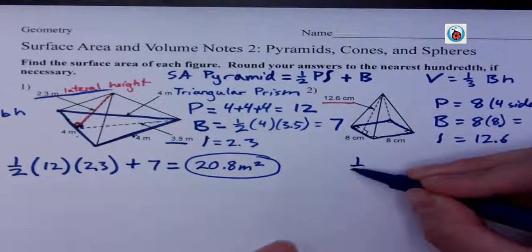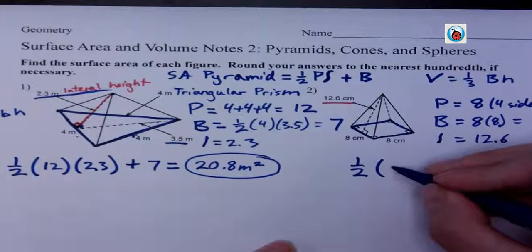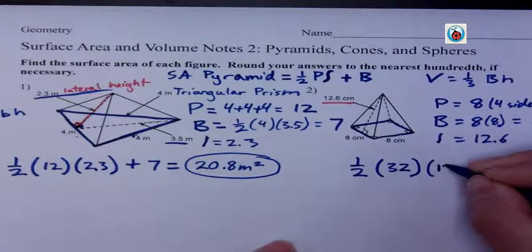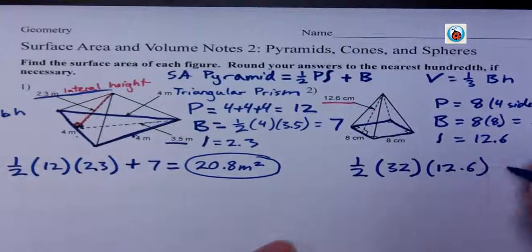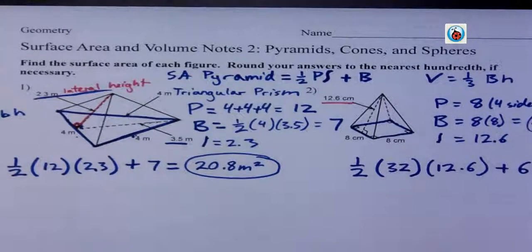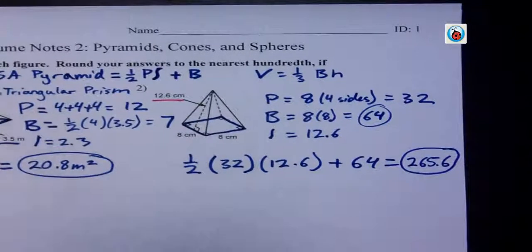So I plug it in. 1/2 of the perimeter, which is 32, times that lateral height, which is 12.6, plus the area of the base, which is 64. I type it in my calculator. It comes out to 265.6. So that's what that one comes out as.